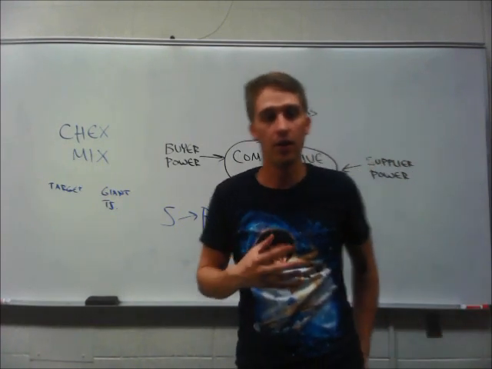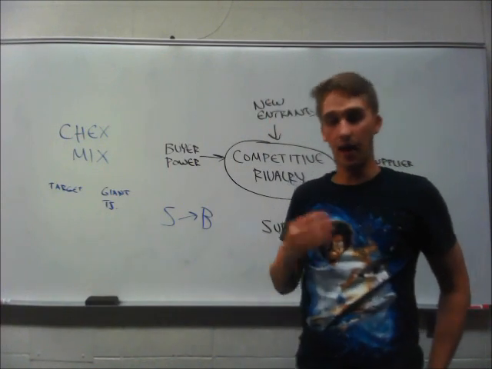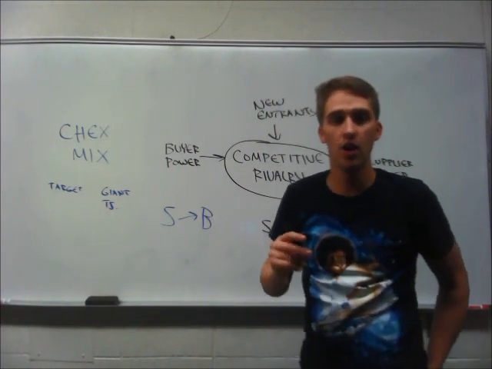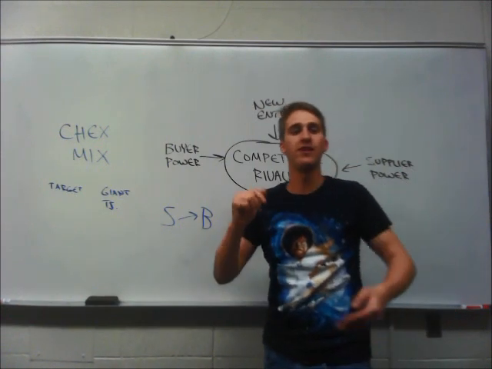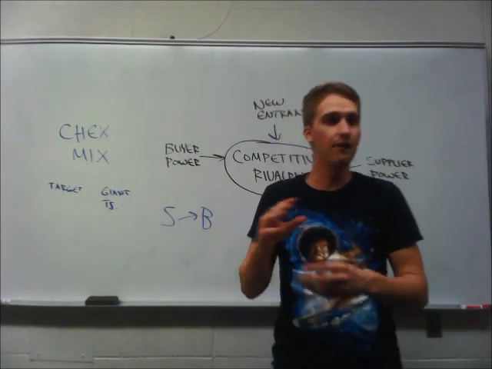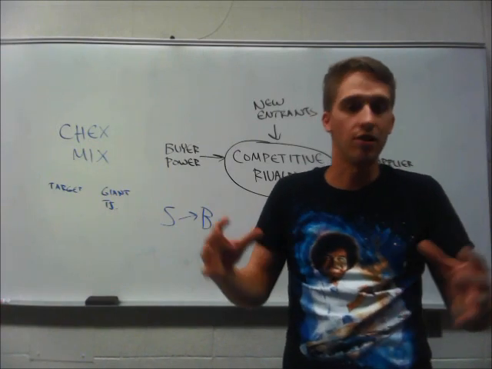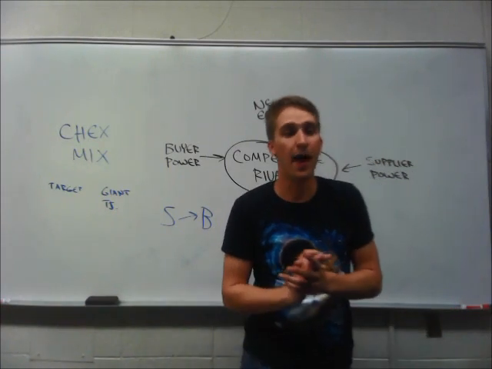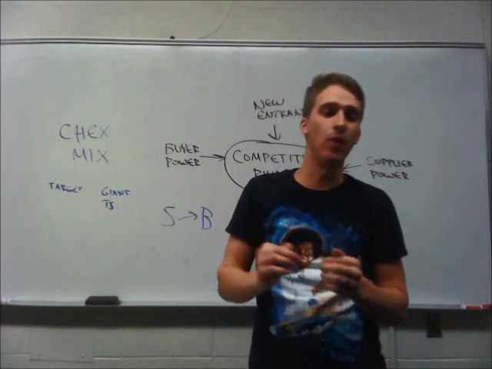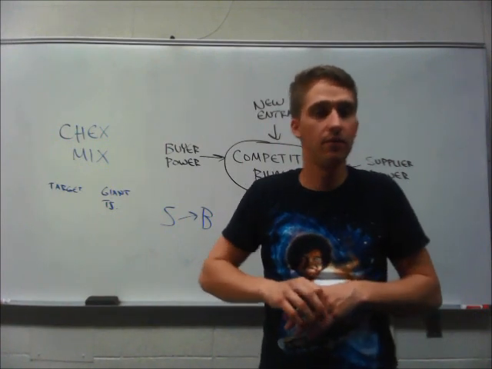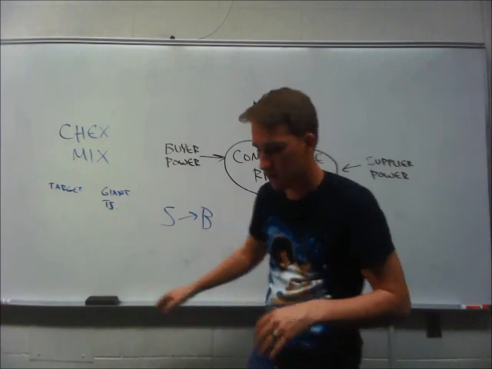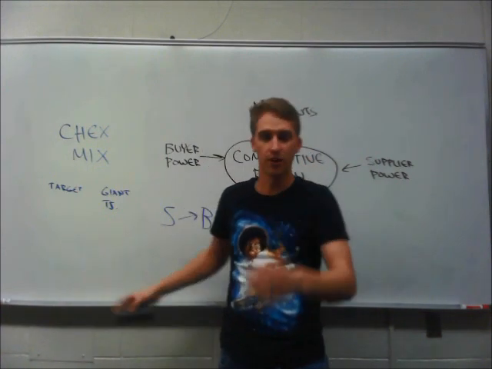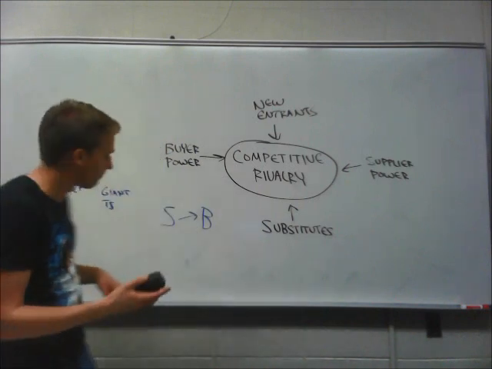Incumbent firms are new to the industry. When they move into an industry, they need to make money. They've invested time, money, and resources. They can't go without turning a profit for very long. That being said, they're very eager to get a portion of the market, to gain market share.